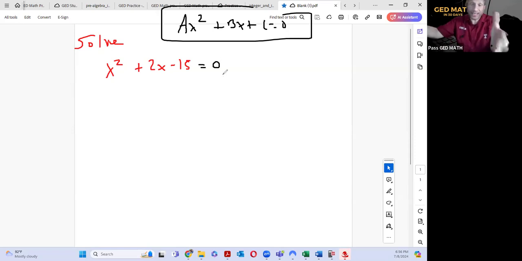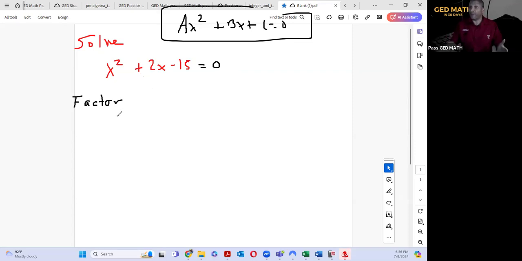It might not say it, show it, or display it. You got to know standard form is ax squared plus bx plus c equals 0. So if they ask you to solve it, first we're going to factor it. This is why sometimes they ask you to factor, sometimes they ask you to solve it. But to solve it, we must factor. To solve a quadratic equation, we can either use the quadratic formula or we're going to factor.